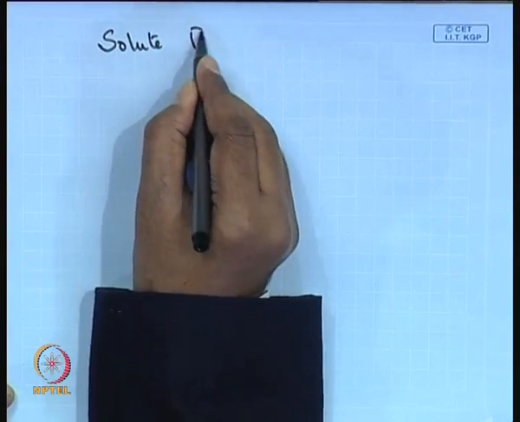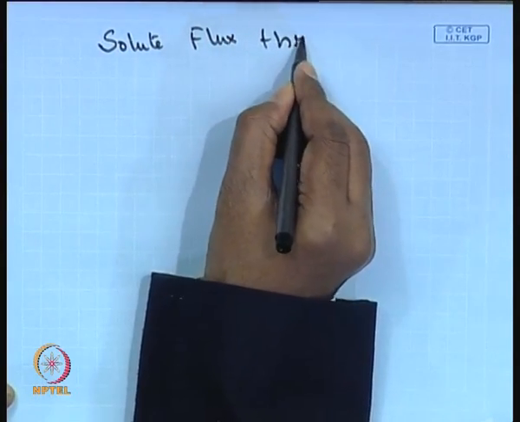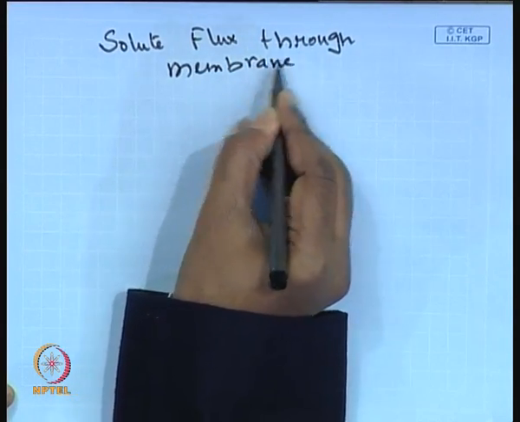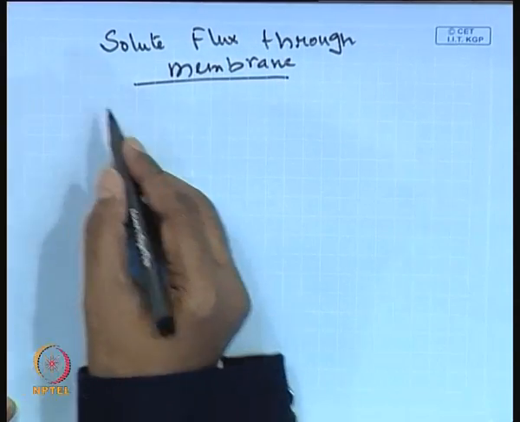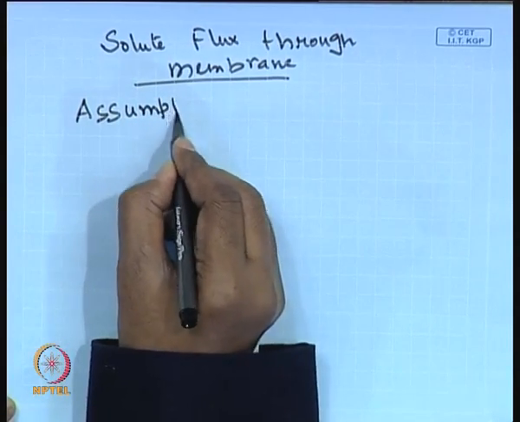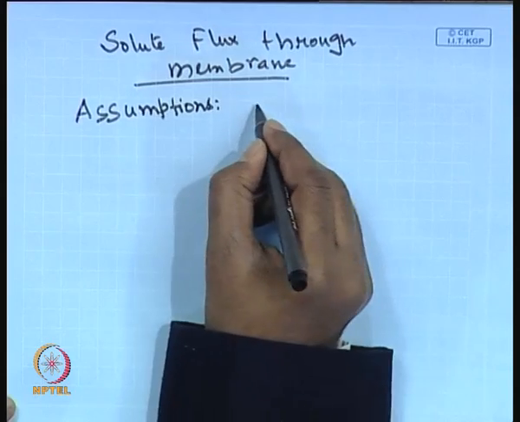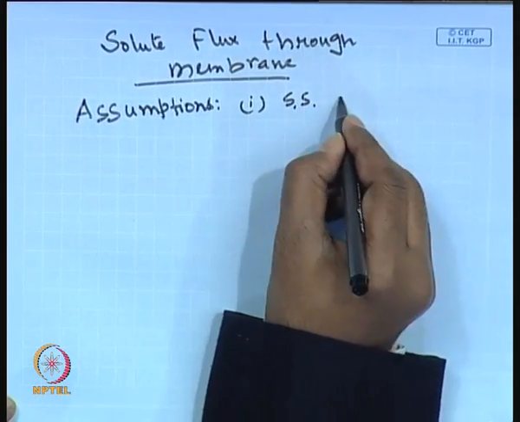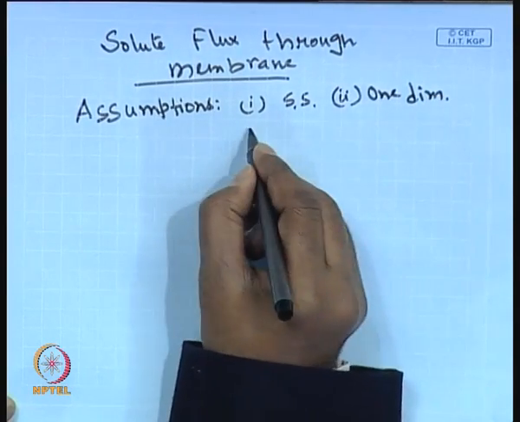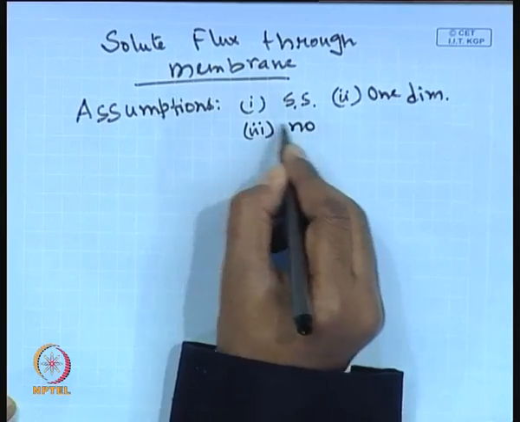Fine. Next, we look into the solute flux through the membrane. The assumptions involved are the same: steady state, one dimensional flow, one dimensional transport, and there is no coupling.